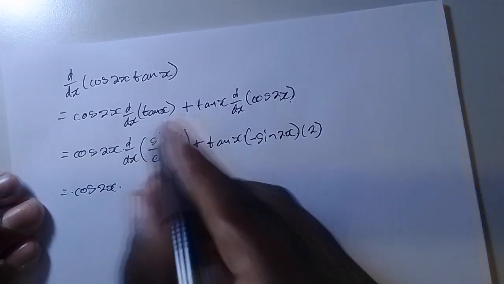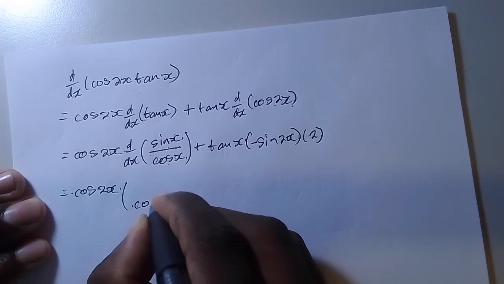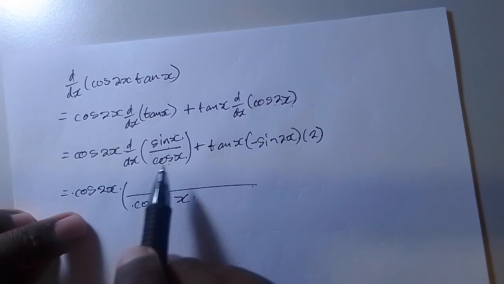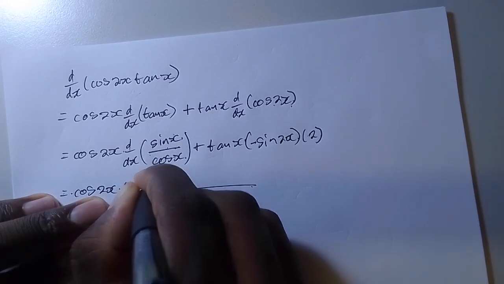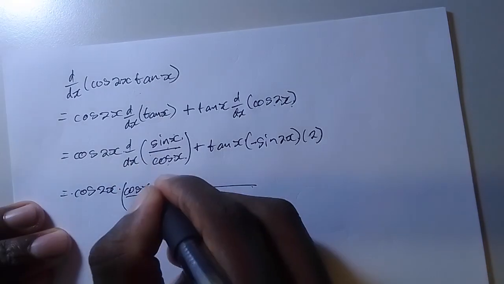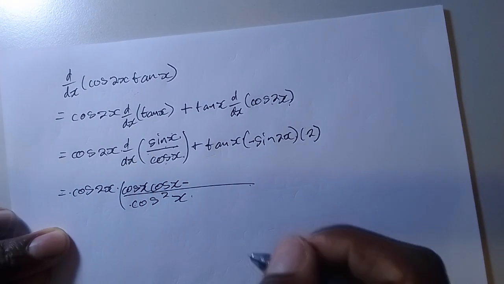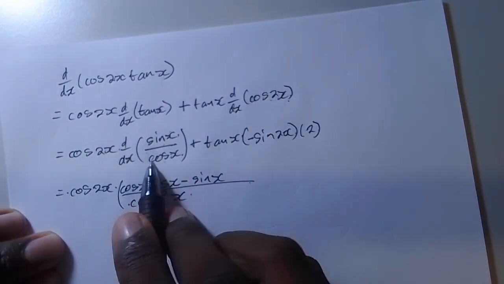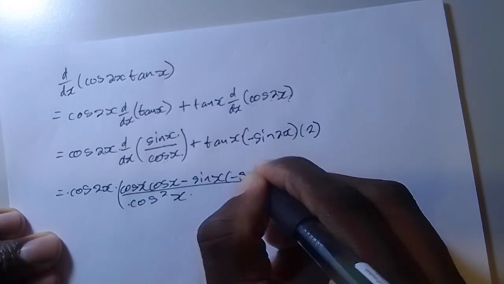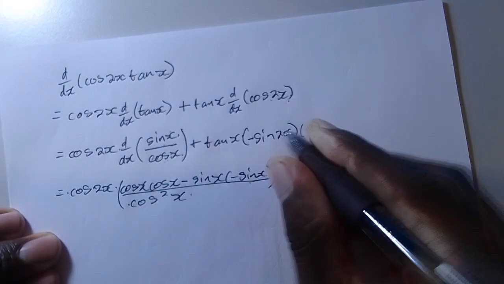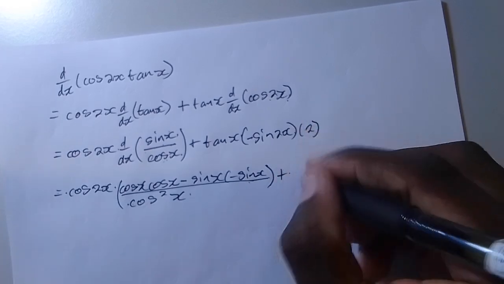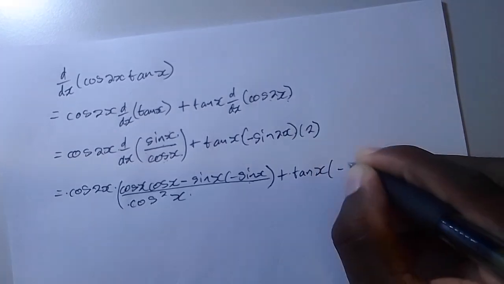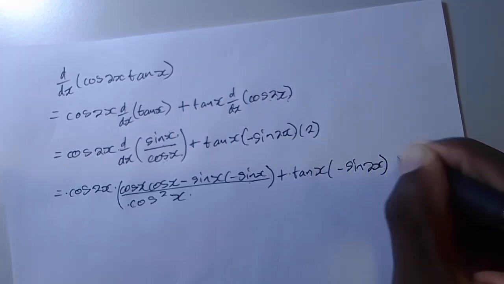If we're differentiating this using the quotient rule, we have cos²x as the denominator, and the numerator will be cos x multiplied by the derivative of sine x, which is cos x, minus sine x multiplied by the derivative of the denominator, which is negative sine x, plus, okay, you should have put minus there, but it's not important, tan x negative sine 2x times 2.